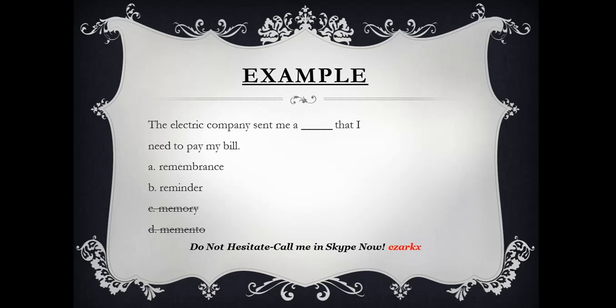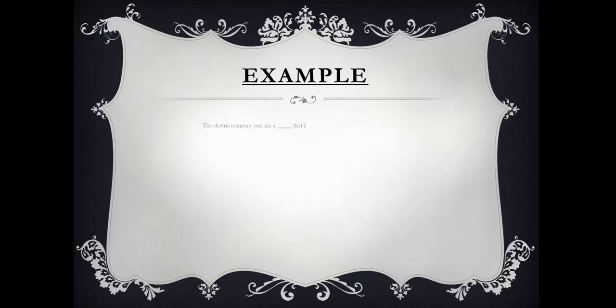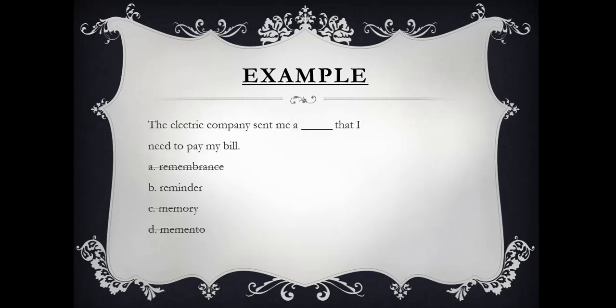So we go ahead and we eliminate that too. And then we're left with reminder as the correct one, which is the correct one, of course, as we know, because we actually know the meaning of the word.